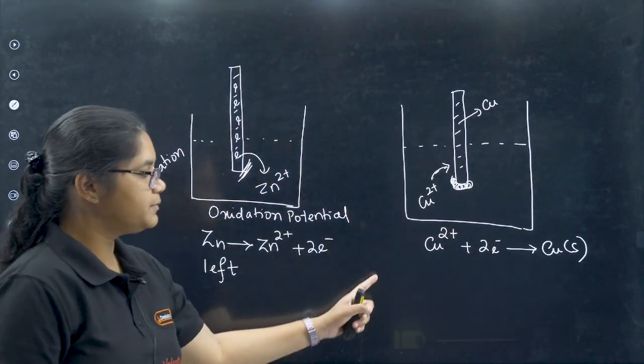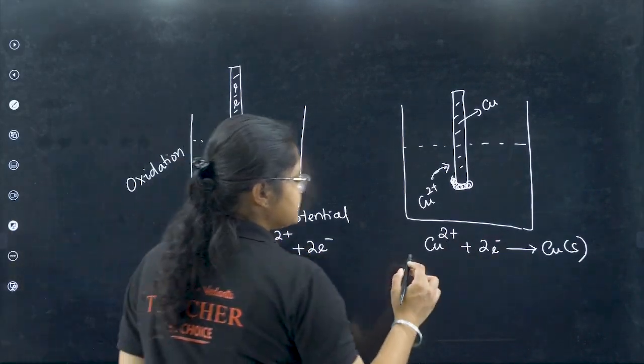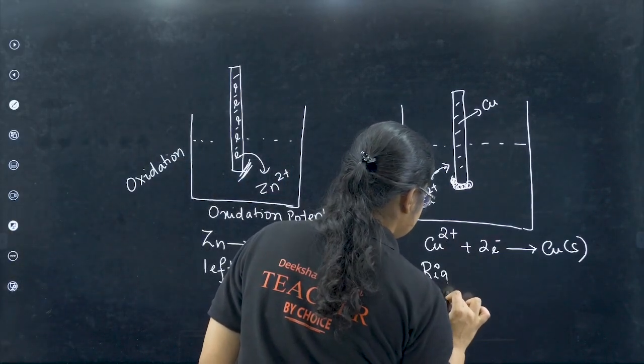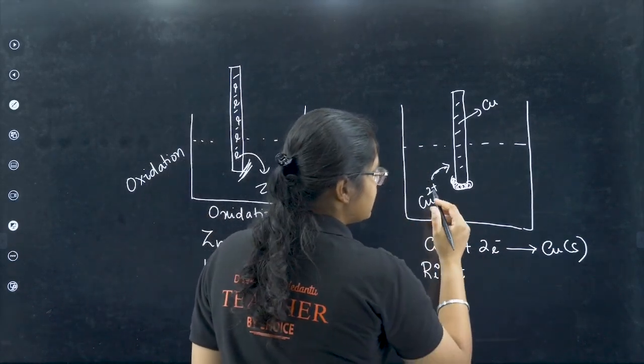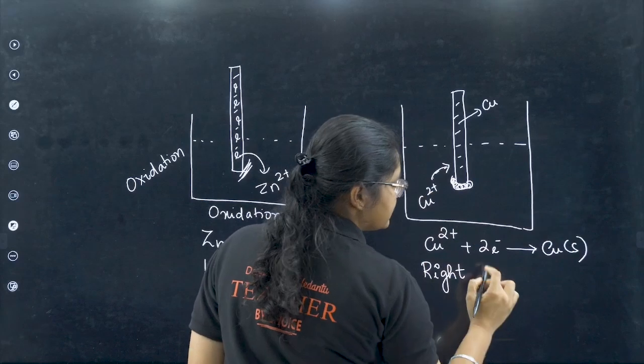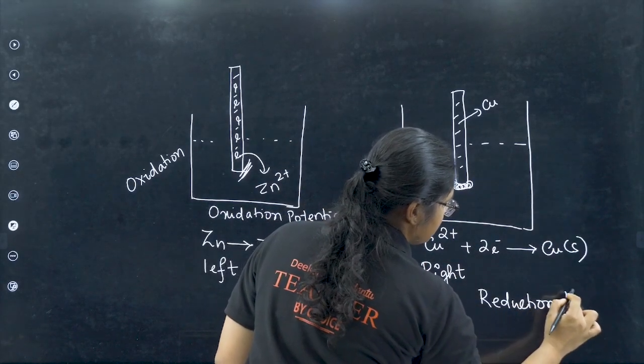Cu2+ plus 2 electrons gives you solid copper. This is the right hand side, where reduction is taking place, and this electrode potential is called reduction potential.